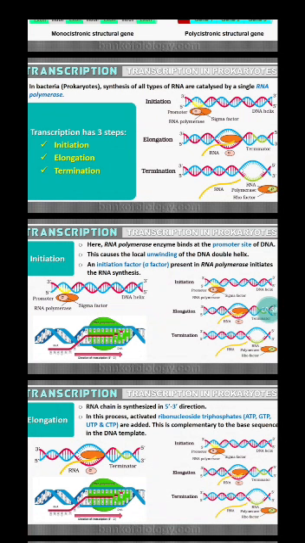Elongation is the synthesis of RNA. These factors, the sigma factor, just move along the DNA and synthesize the RNA.